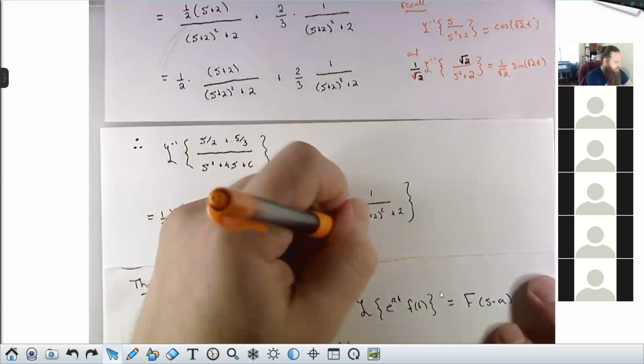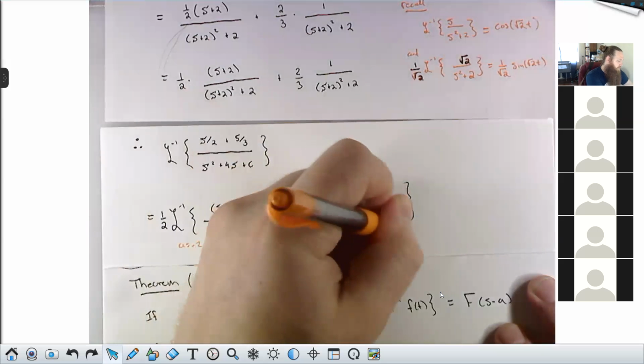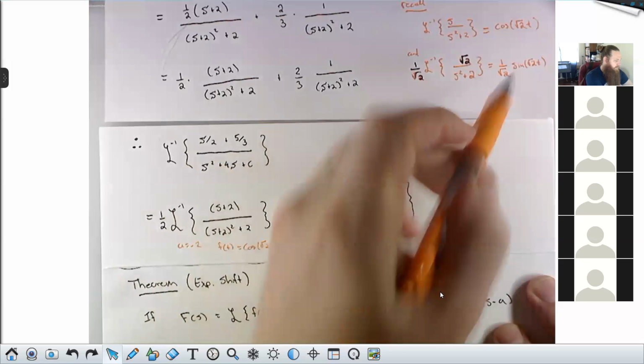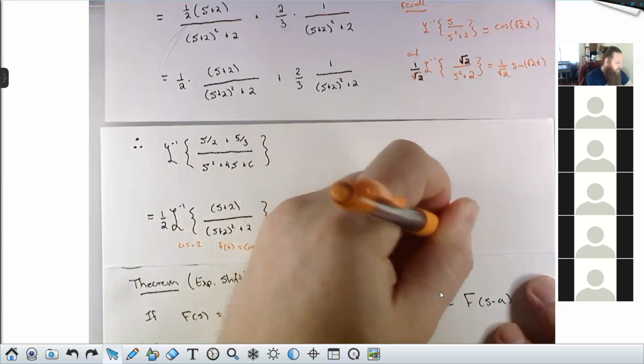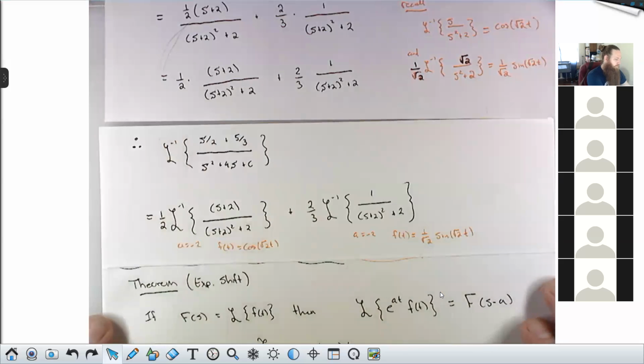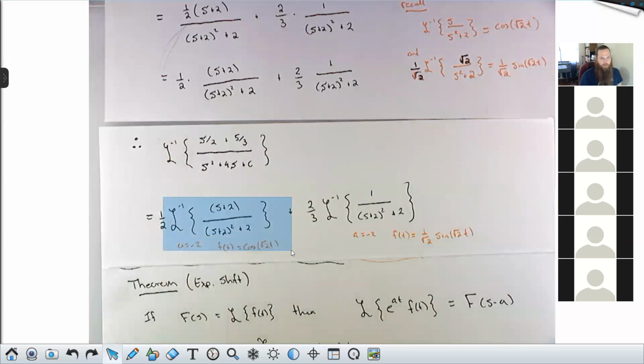And over here, a is again -2, and your little f of t would be this guy, 1 over root 2 times the sine of root 2t. So we see that the first piece here, ignoring that 1/2, based on these things, would be e to the negative 2t cos square root 2t. And over here, this guy, according to the theorem, would be e to the negative 2t times 1 over root 2 sine root 2t. And that's it. That's the magic.